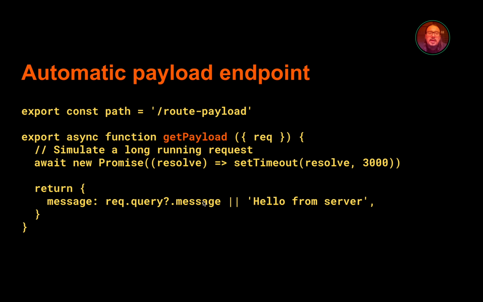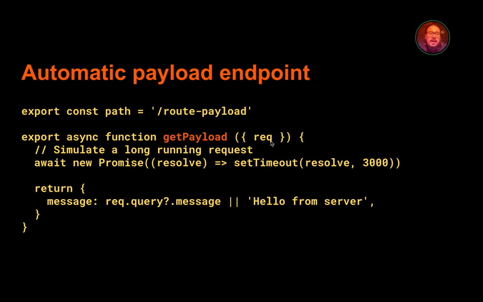So for the automatic payload endpoint, you can see that you can export a get payload function. That get payload function expects a context parameter where you have access to the Fastify request object or the reply object, API, and anything else, including fastify itself.